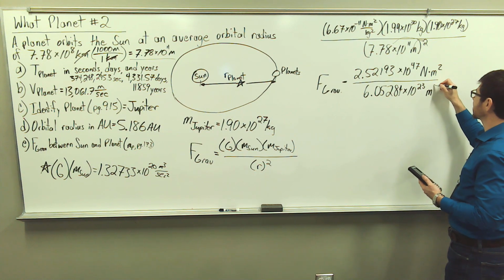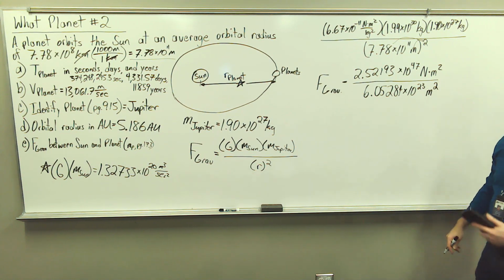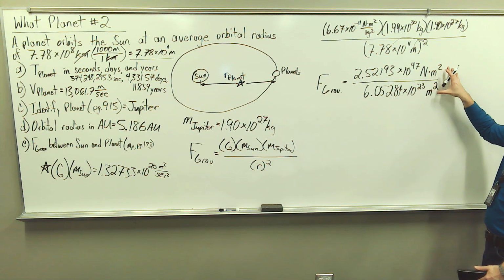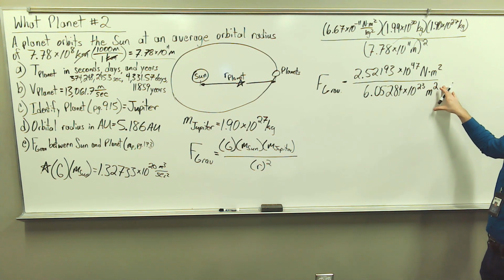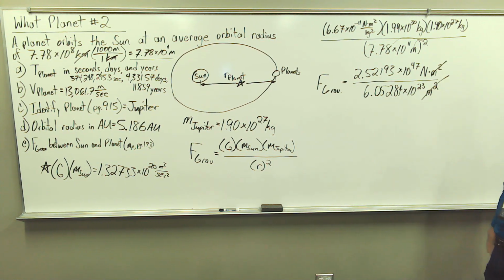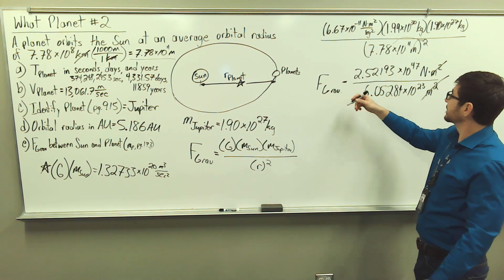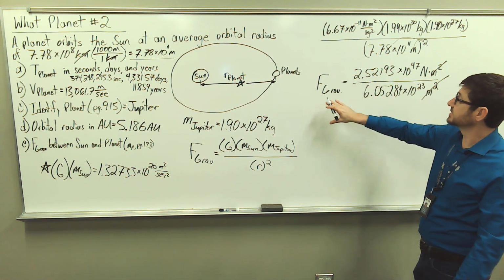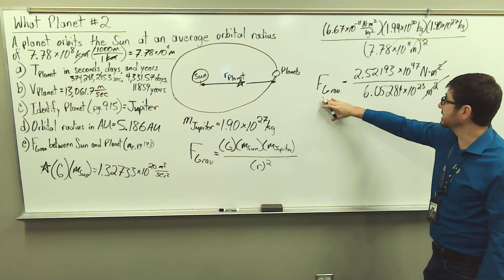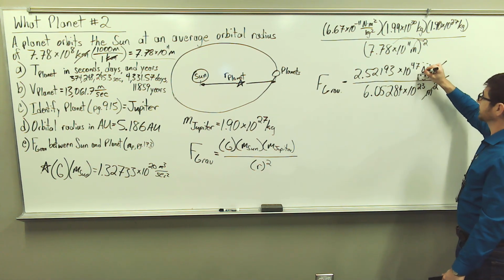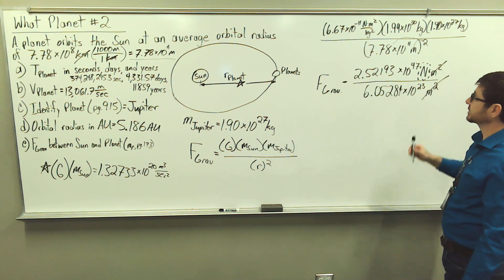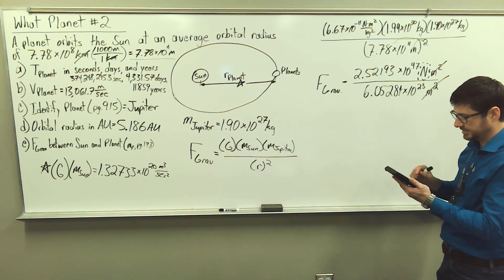So I have units of meters squared. So just taking a look at the units right here, I've got newton meters squared per meter squared. You can see that units of meters squared are going to cancel. And then we know we're in a good spot here because the units of force in the metric system are in units of newtons. So we're looking good here. So let's go ahead and divide.